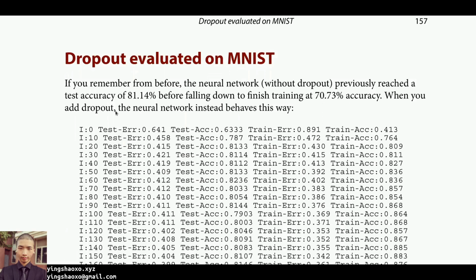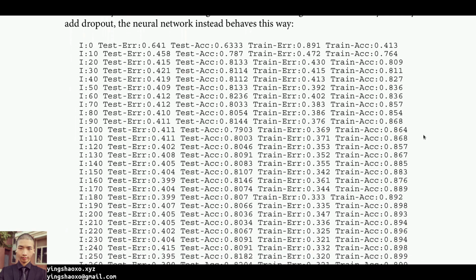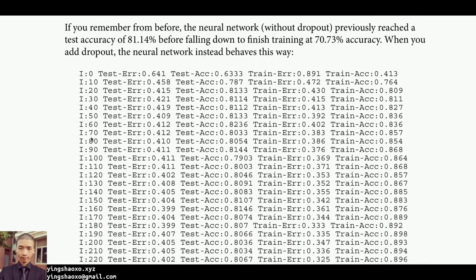When you add the dropout function, the neural network instead behaves this way. As we can see, where is the test arrow?